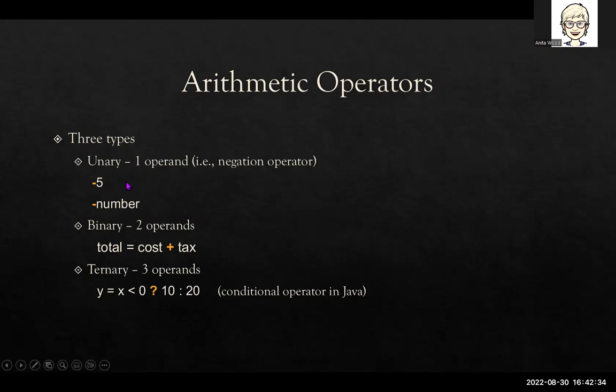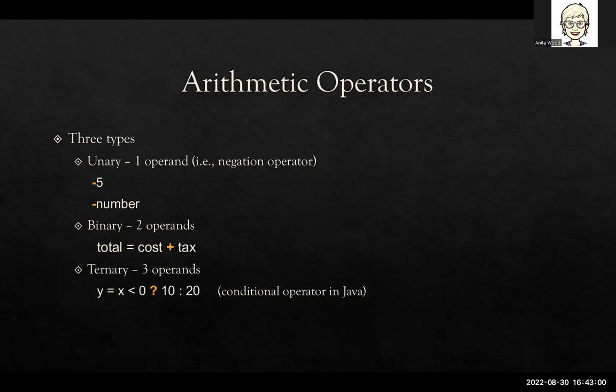We can also apply the same operator to a variable like number. This expression gives the negative of the value stored in the variable number. The minus sign, when it's used this way, is called the negation operator. Because it only requires one operand, it's also a unary operator.